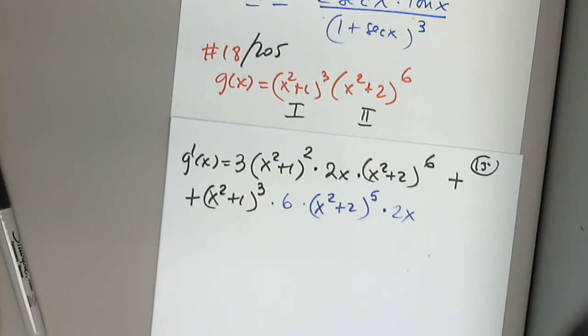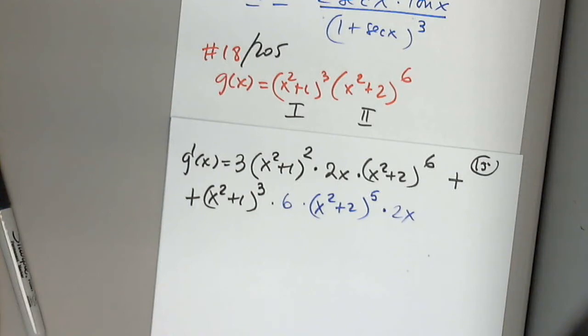Yes, Vanessa? That first line, or the second line, I guess, the 3 times x squared plus 1, is this supposed to be cubed or just 2? So x to the n power prime is n x to n minus 1 times x prime. 3 times x squared plus 1 to 3 minus 1 times the inner function prime times the second function.